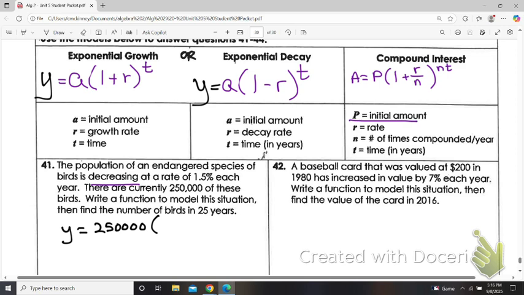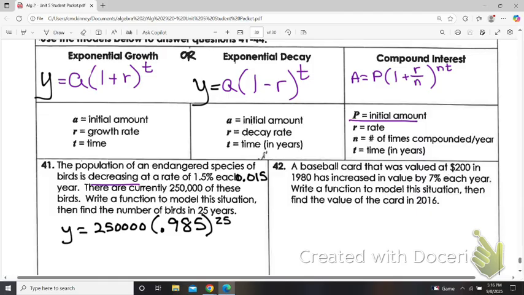Again, make sure that that 1.5 is changed to a decimal, so 0.015. You can have another 0 over here if you'd like, but this should look like 0.985. And then the time, 25 years.